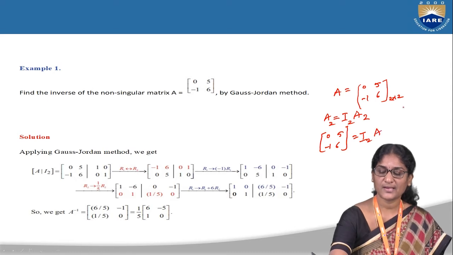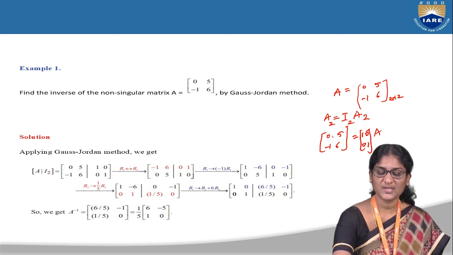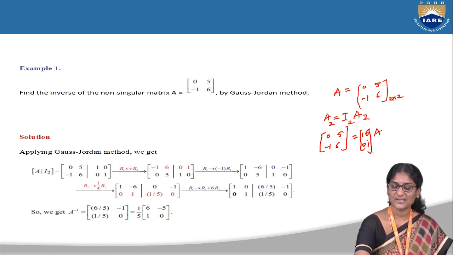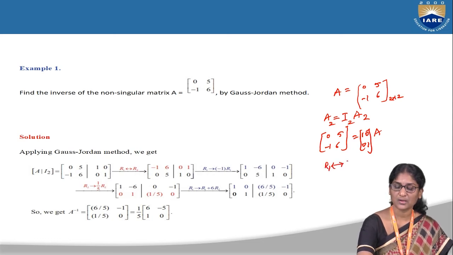Here the identity matrix I2 is 1 0 0 1. Now, the first term is 0, so you had better interchange the rows. I'll interchange R1 and R2.